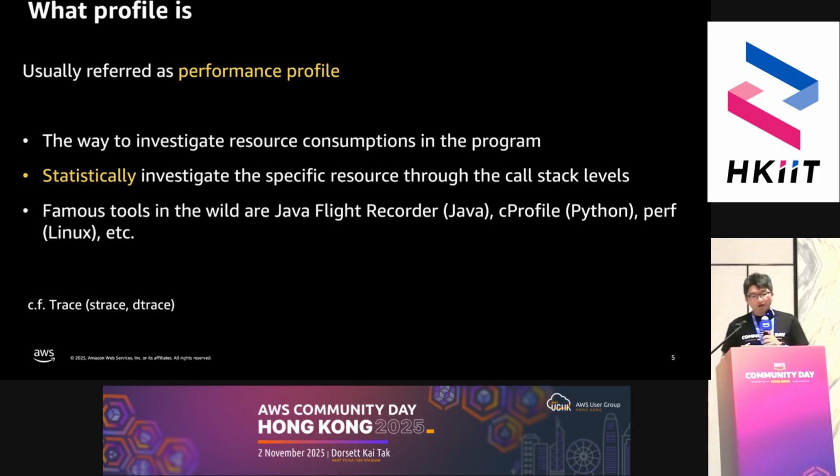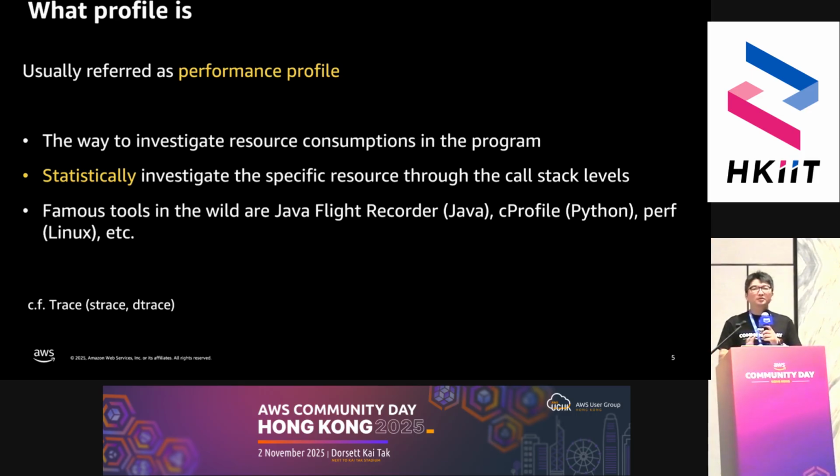So the profile is a way to investigate resource consumption in the program, in a way that gives the information statistically on the specific resource usage.